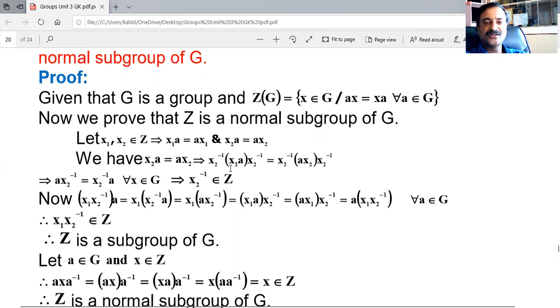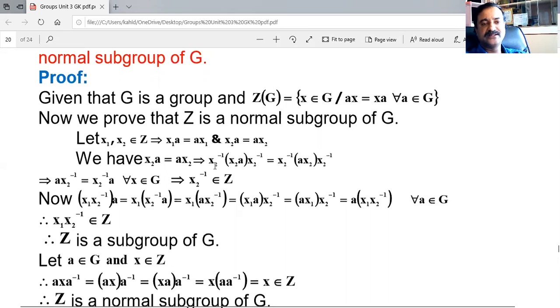What happens to x2 inverse into x2? Because x2 is also in Z, and Z is in G, that means x2 is also in G. What is G? G is a group. G being a group means it satisfies closure, associative, identity, and inverse laws.